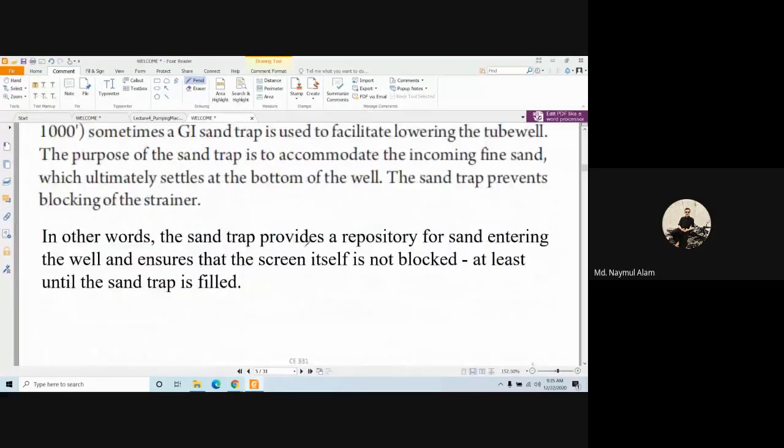So the sand trap provides a repository, that means a location, for sand entering the well and ensures that the screen itself is not blocked.